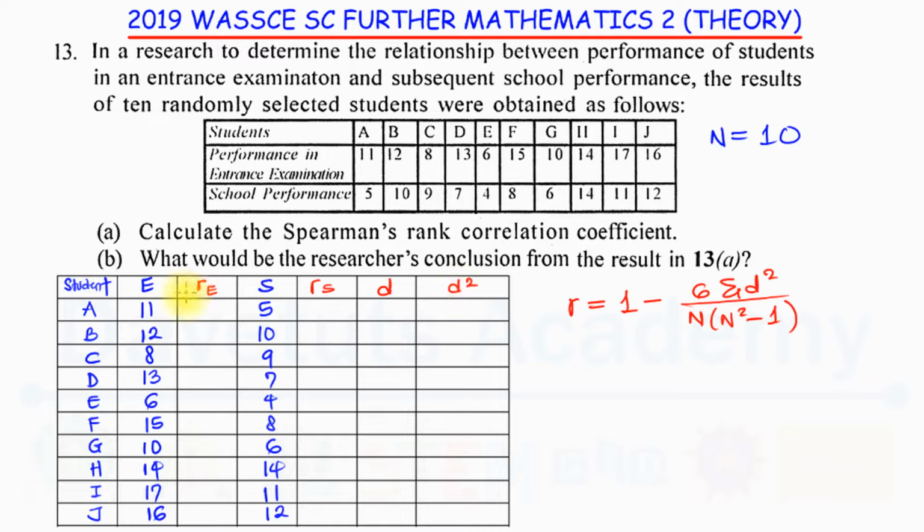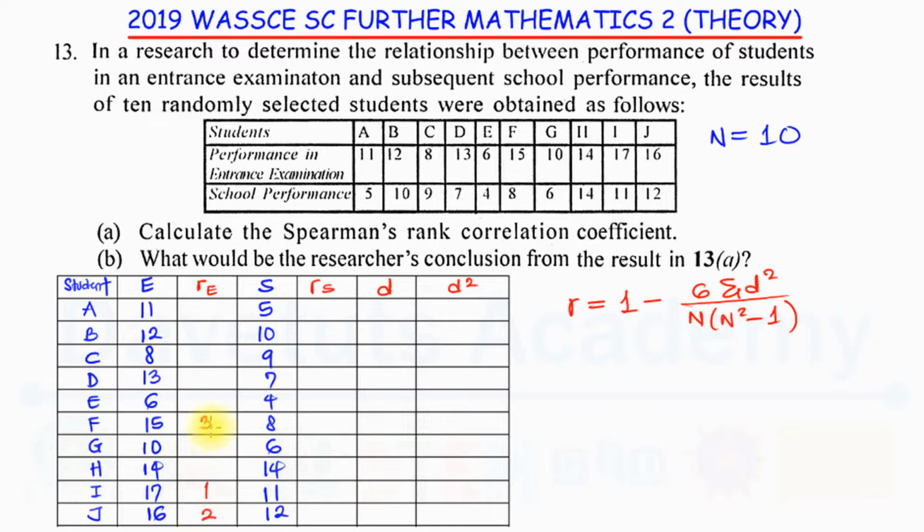All right, to rank this, where is the highest mark? 17 is the highest mark, so it takes rank 1, because that is where the student scored the highest. Student I scored the highest, so is position 1, the second is J, and the third is 15.